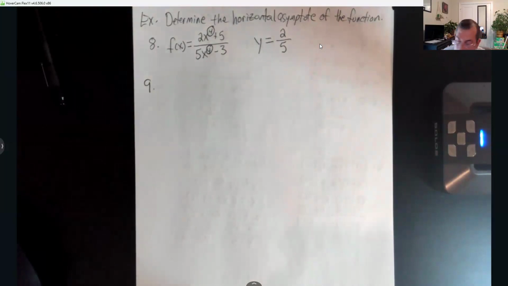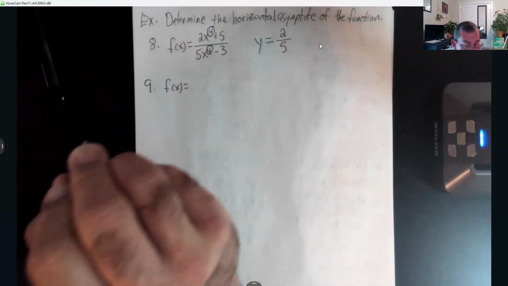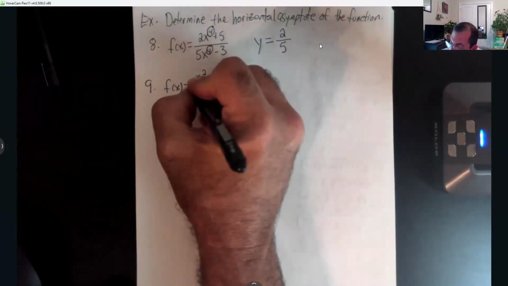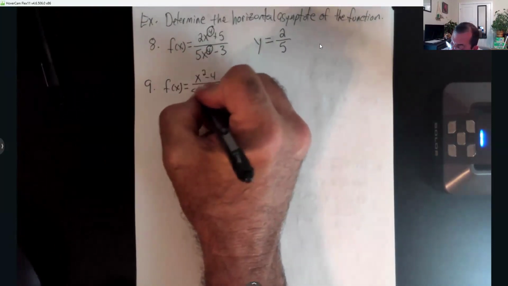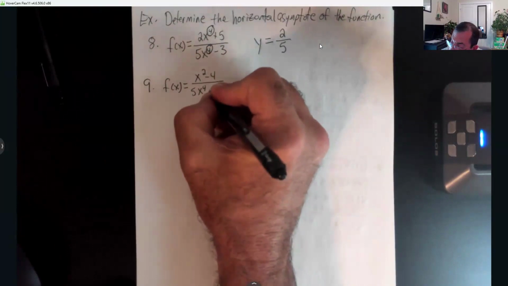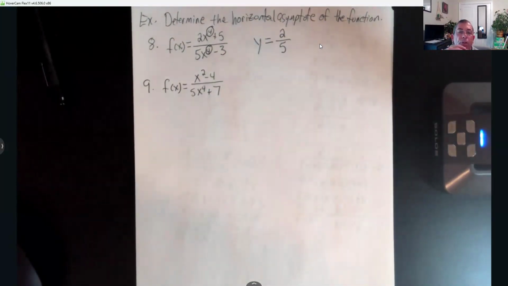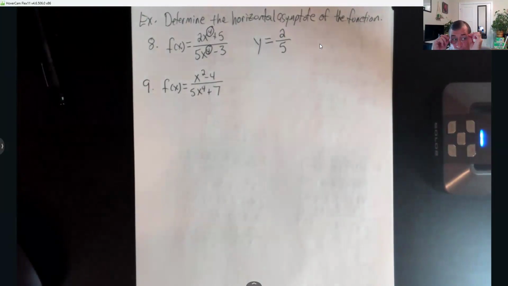Okay, for 9, they got f of x equals x squared minus 4 over 5x to the fourth plus 7. So, first of all, is the degree greater on top? Is the degree greater on bottom? Or are these degrees equal?